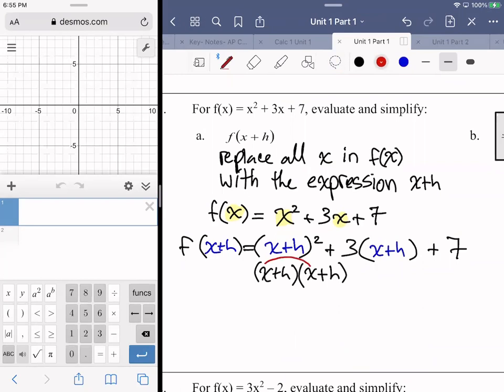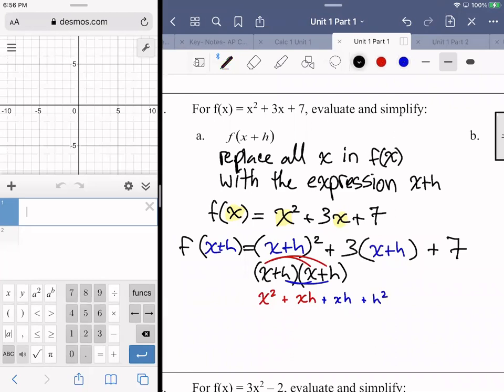X times x, x squared, x times h, positive xh, h times x, well, it's commutative, so I could write it as hx or xh. I'm going to write it as xh, just so I can accentuate the like term part of this, like terms. And then h times h, positive h squared.